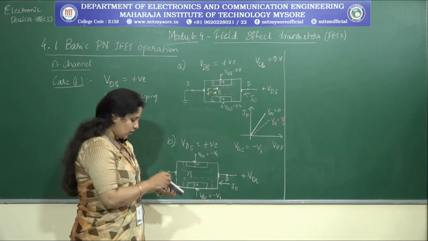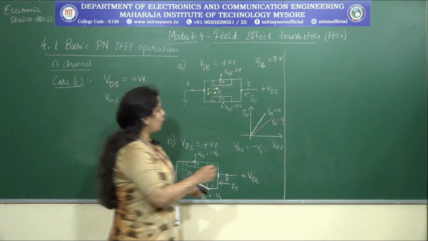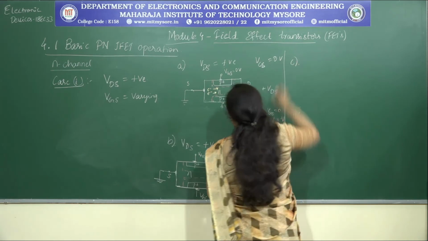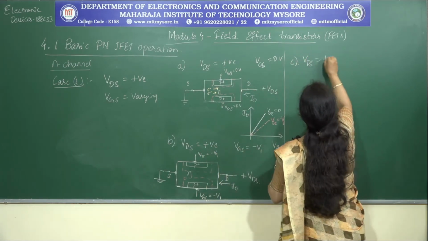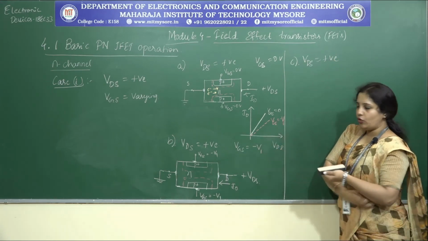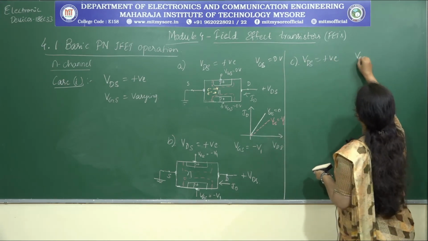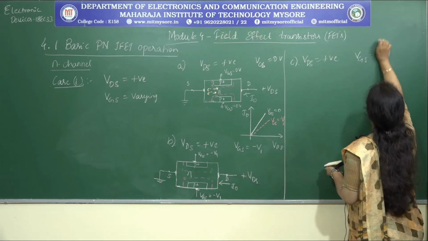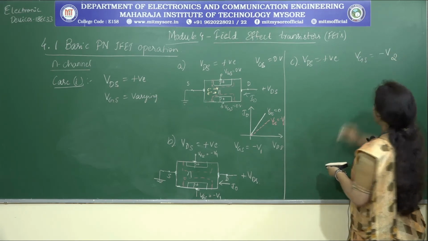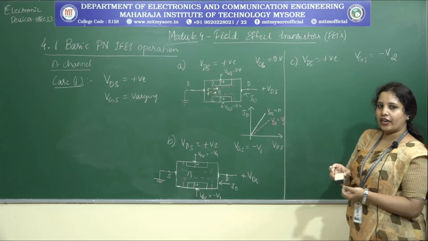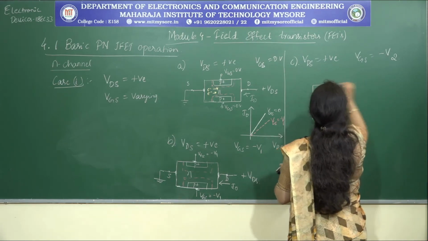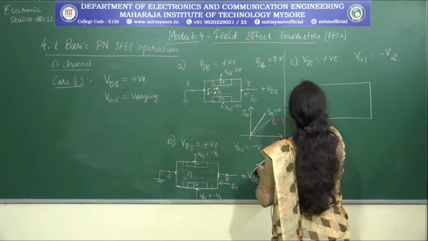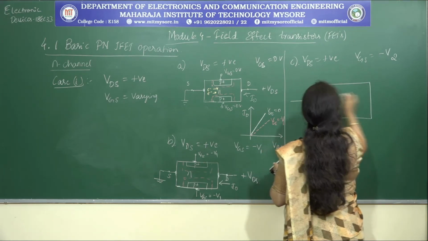Now let me consider the third scenario, wherein I am providing the same VDS value, but for VGS I am trying to increase the negative potential that I am providing across the gate terminal. If I want to represent the diagram, it goes as follows.